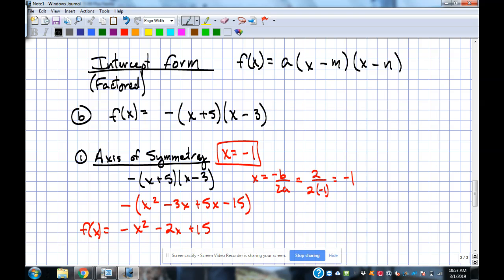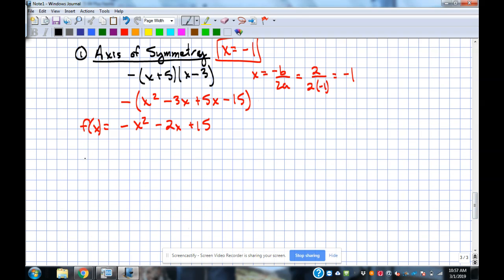Okay, so next would be the vertex. So we already have half of that, -1. How do we find the other half? Plug it into the problem there. So f of -1 would be -1 plus 5, -1 minus 3.